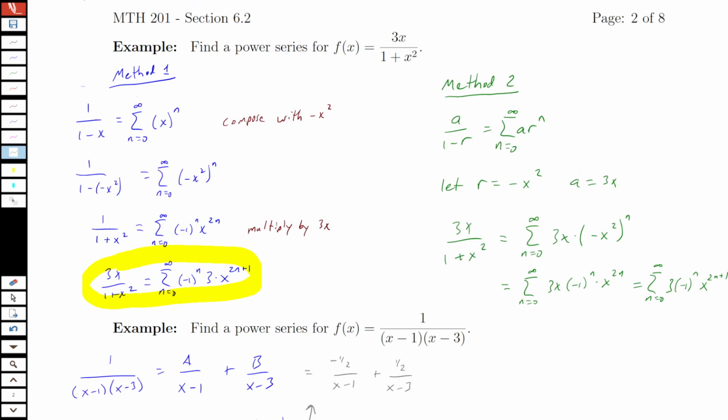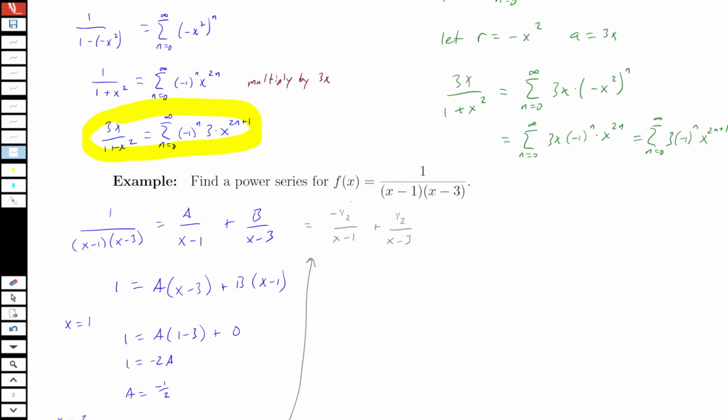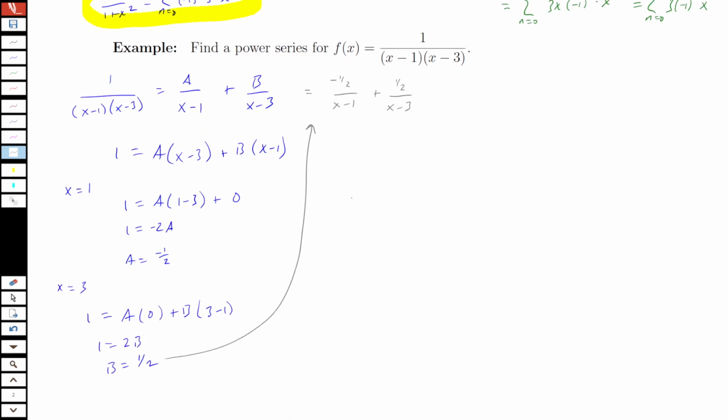Okay? I know from geometric series this 1 over 1 minus x is the sum of x to the n. And I say, all right, can I get this thing? Now, this isn't 1 minus x, this is x minus 1, okay? But that's just off by a negative. Okay. So write this as positive half over 1 minus x, and then plus negative half over 3 minus x.